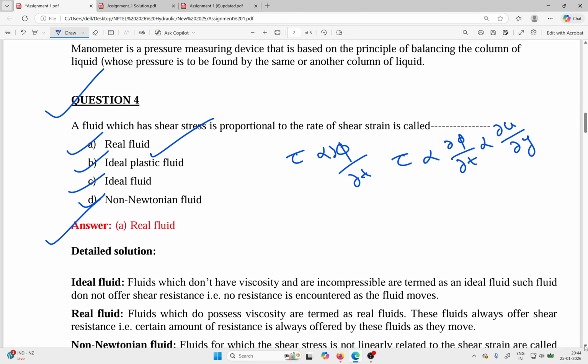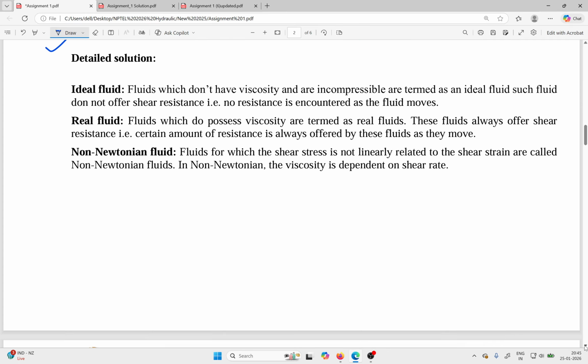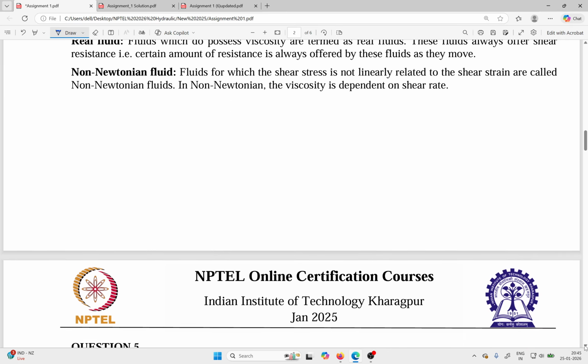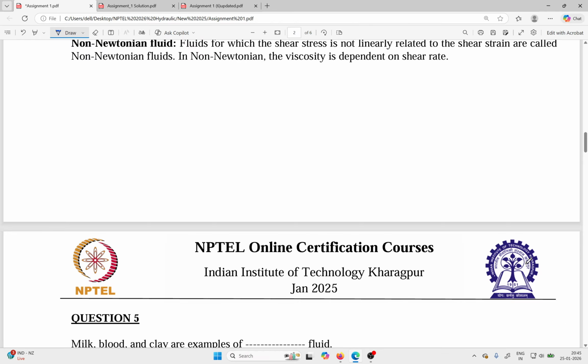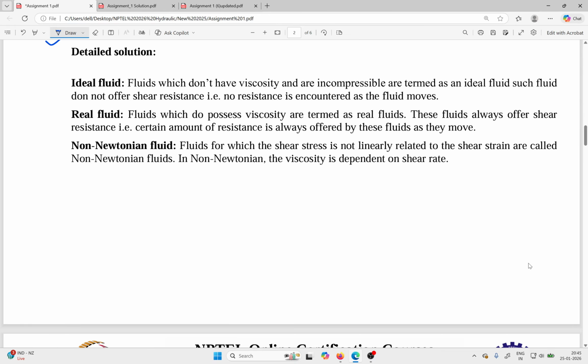So I'll just go one by one. Ideal fluid: the fluid which does not have viscosity and is incompressible is termed an ideal fluid.